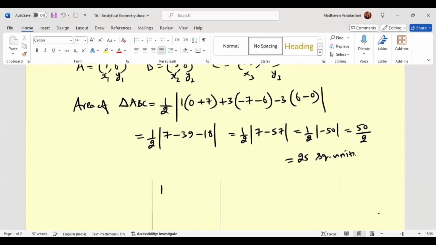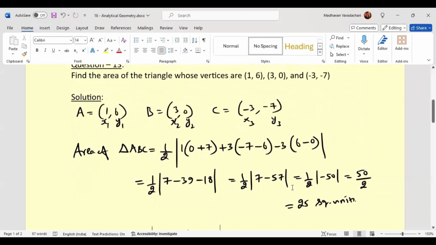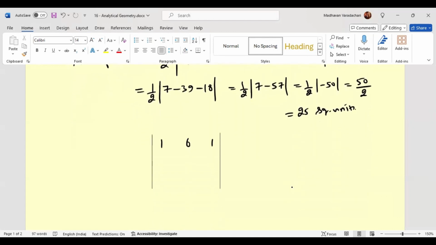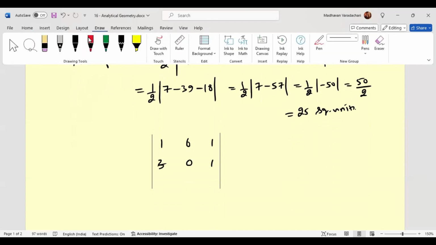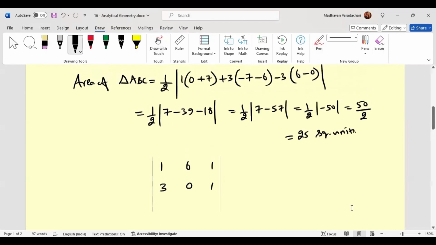Then the second coordinate is 3, 0, 1. And the third coordinate is minus 3, minus 7, 1.